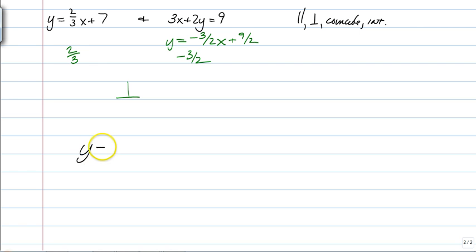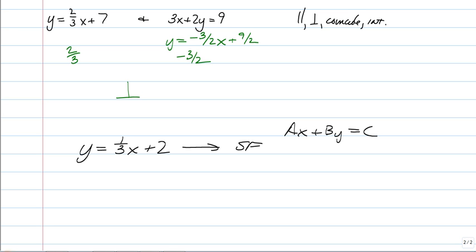Okay? So the last thing I want to do really quick is change y is equal to 1/3 x plus 2 into standard form. That's the only thing we haven't talked about yet. So remember, standard form means we have ax plus by is equal to c, where a, b, and c cannot be fractions or decimals, and a always needs to be positive. So the first thing you need to do here is get rid of this fraction. To get rid of a fraction, all you have to do is multiply the entire thing by the denominator.